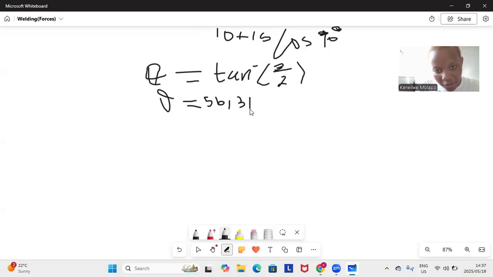Never forget that these are degrees. So you have to write down that this is above the horizontal.